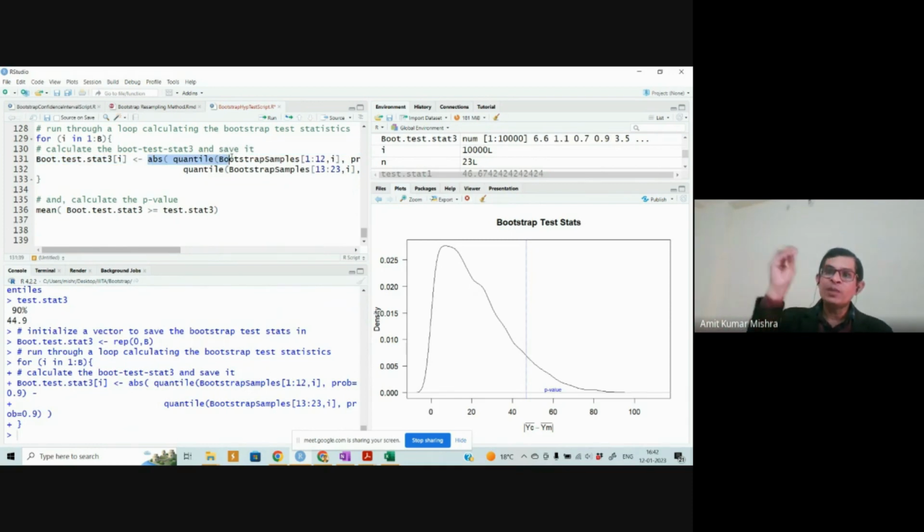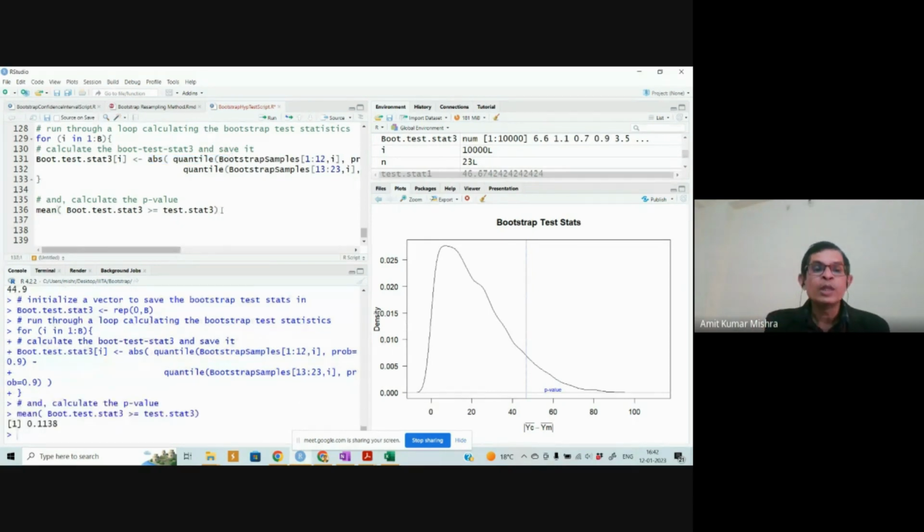So instead of mean or median, I have just put quantile in the same program. And then it will give you the proportion, and the proportion is 0.11, which is bigger than 0.1. So is there a difference in the 90th percentile or not?